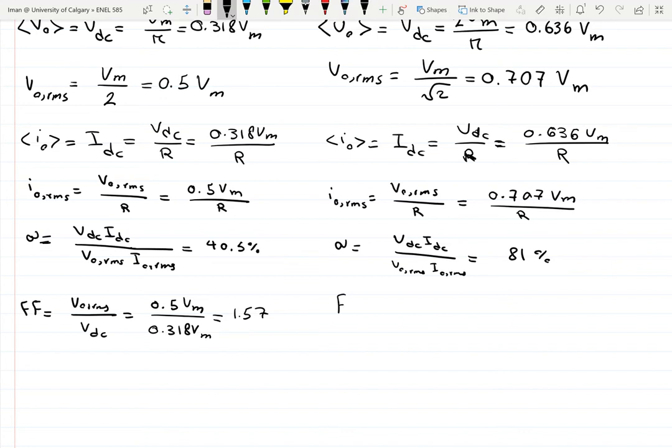And then form factor for full wave is 1.11.